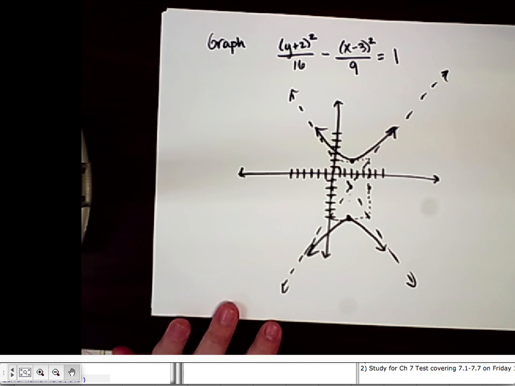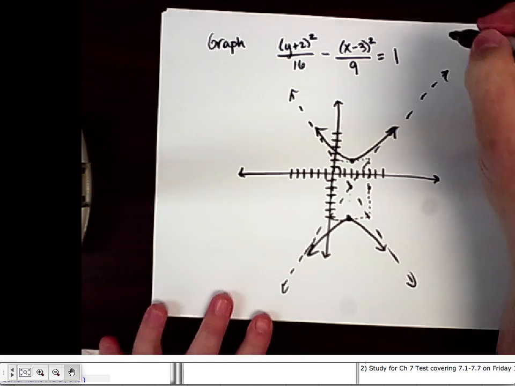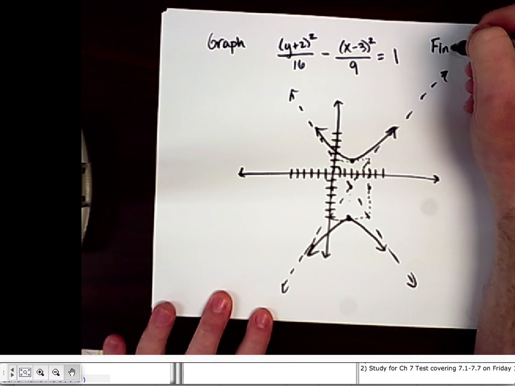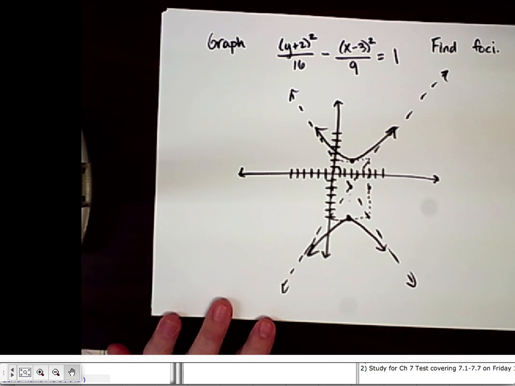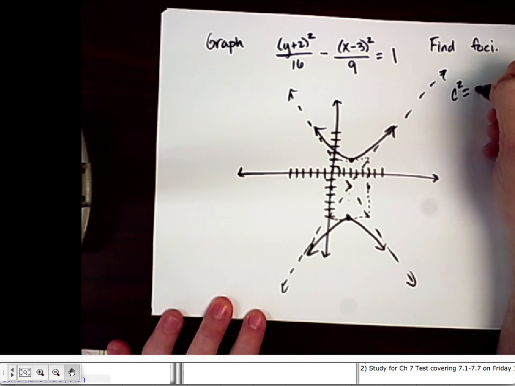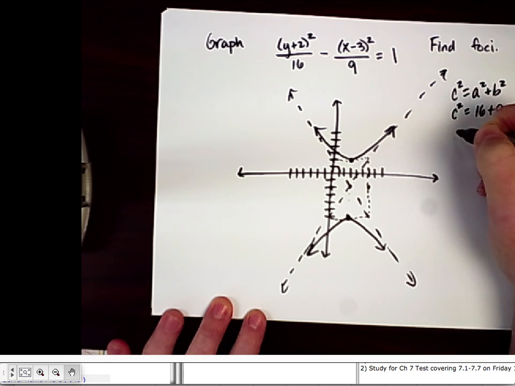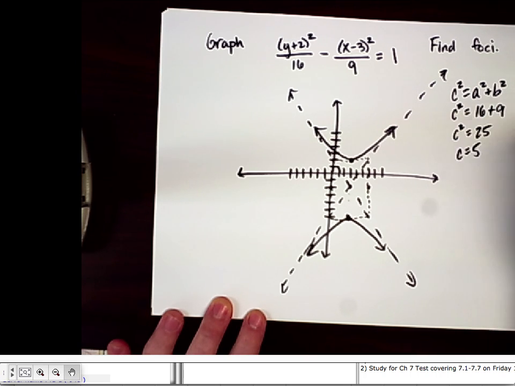Okay. Only thing left is I could say find foci. All right. C squared is a squared plus b squared. C squared is 16 plus 9. C squared is 25. So C is 5.